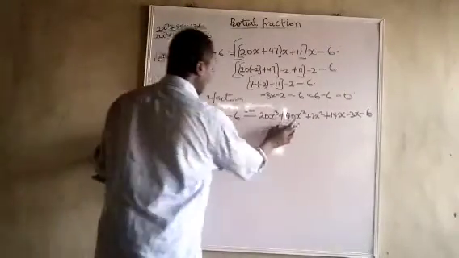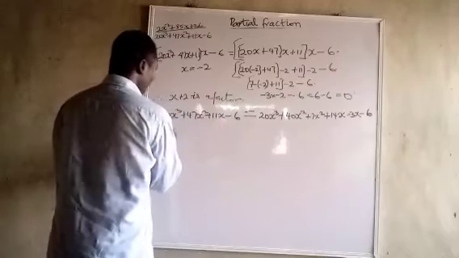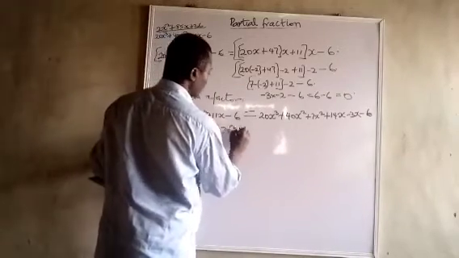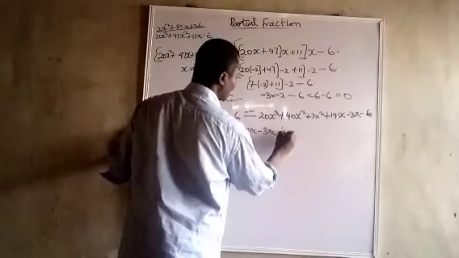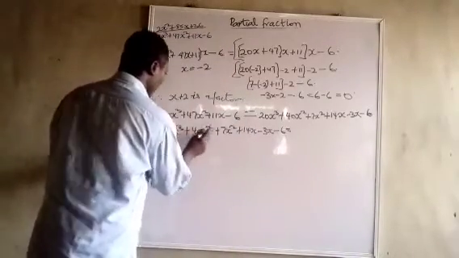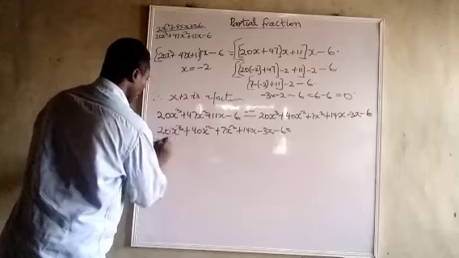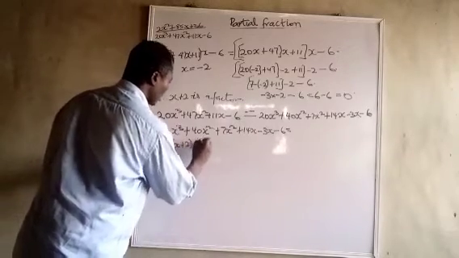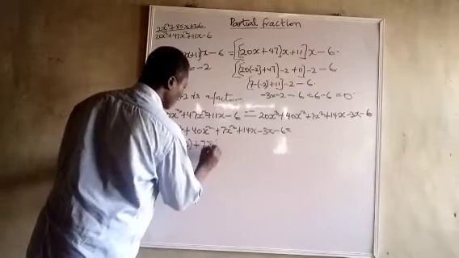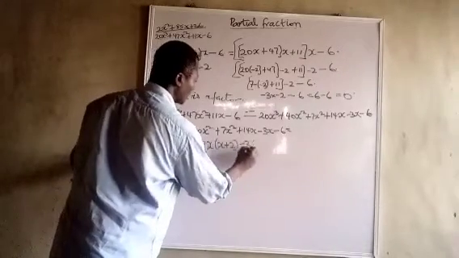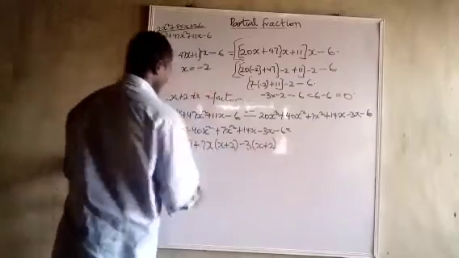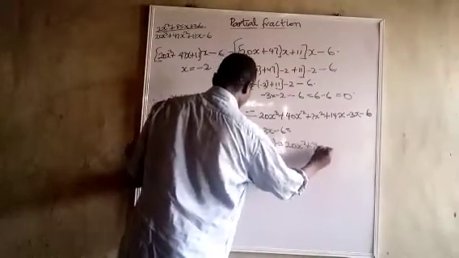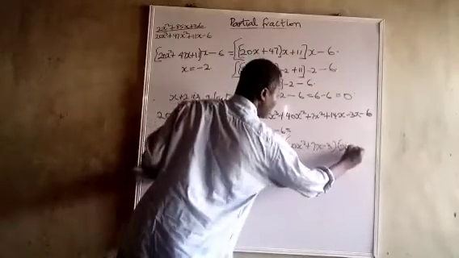So this one now, I can say 20x cubed plus 40x squared plus 7x squared plus 14x minus 3x minus 6 can now be expressed as, look at this, 20x into x plus 2 plus 7x into x plus 2 minus 3 into x plus 2. So it's going to give me 20x squared plus 7x minus 3 into x plus 2.